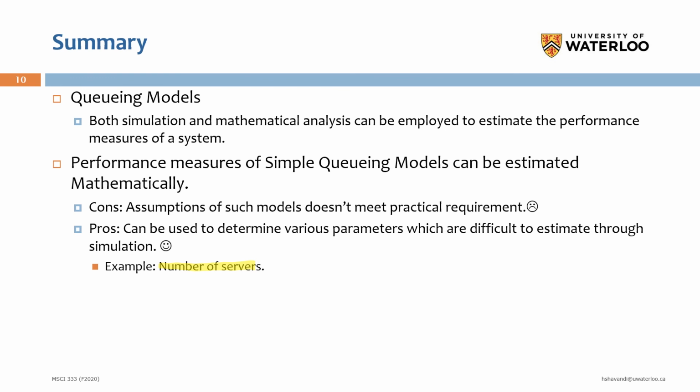But by having the queuing models, you can assume that those assumptions are valid for the actual system, and then you may obtain the approximated number of servers very easily in a very short time.